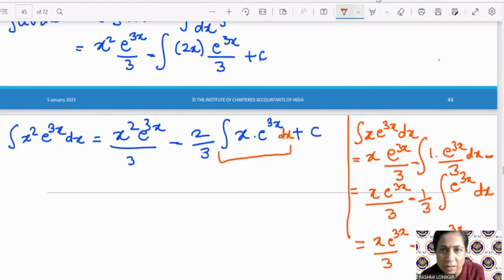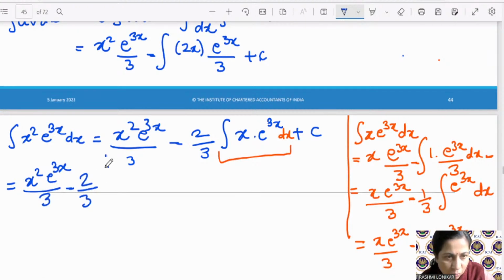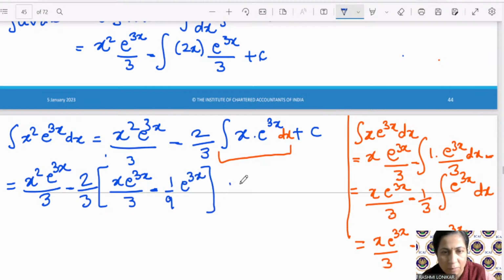So this term I am going to write as it is, that is x square e raised to 3x upon 3, minus 2 by 3 into the bracket. For this what am I going to write? x e raised to 3x upon 3 minus, now 3 into 3 is 9, so minus 1 upon 9 e raised to 3x, plus c.